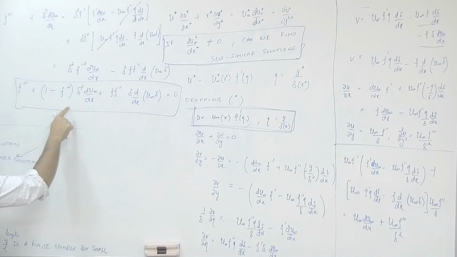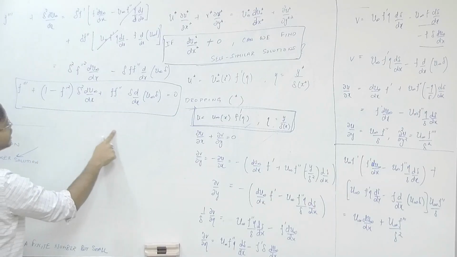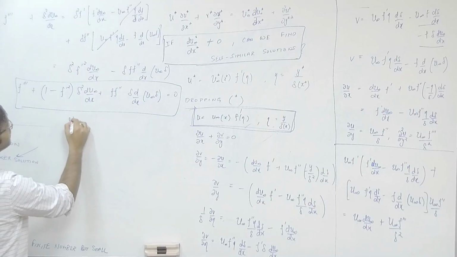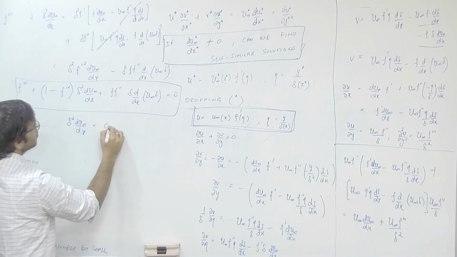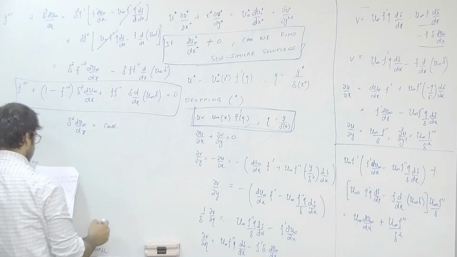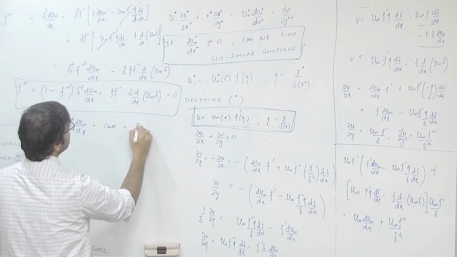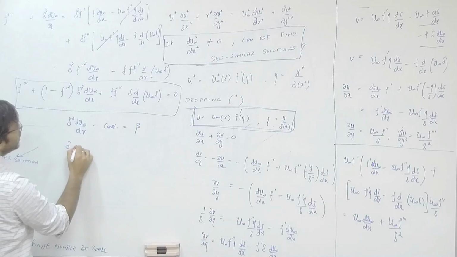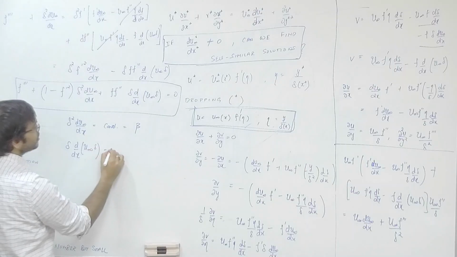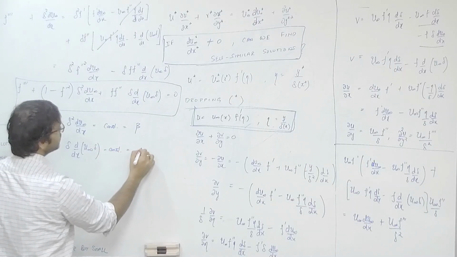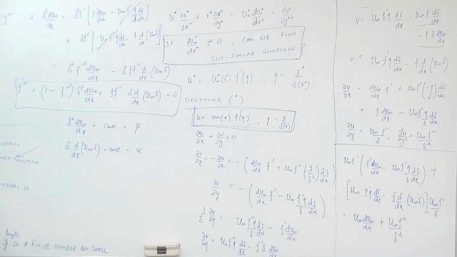Under what conditions can this be an ODE? The conditions are that this delta square du infinity by dx is some constant, let us call it beta, and this delta d by dx of u infinity delta is also a constant, let us call this alpha.